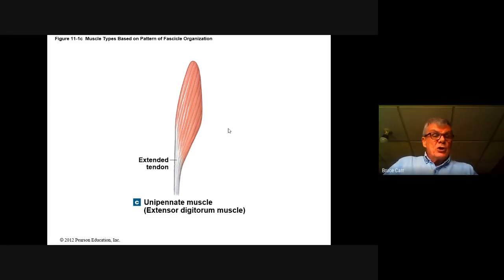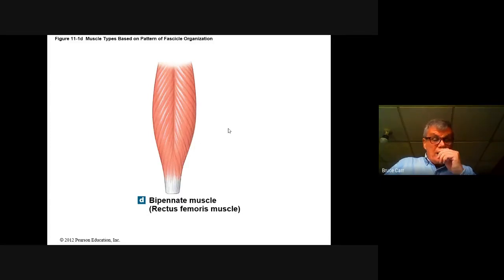In other places, there are massive muscles like the rectus femoris. Rectus means straight, and femoris means femur, and it is this muscle, I can't show you very well, right on the front of the thigh, right above the kneecap. In fact, that lower tendon area is going to suspend the patella over the knee and cross the knee to attach to the tibial tuberosity.